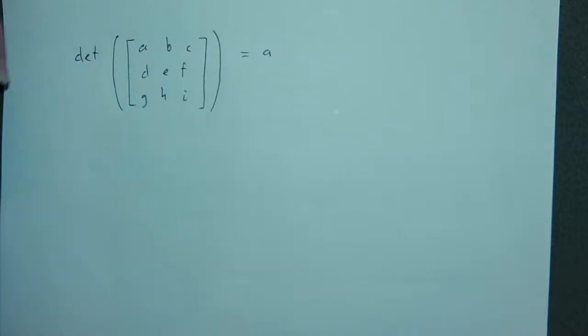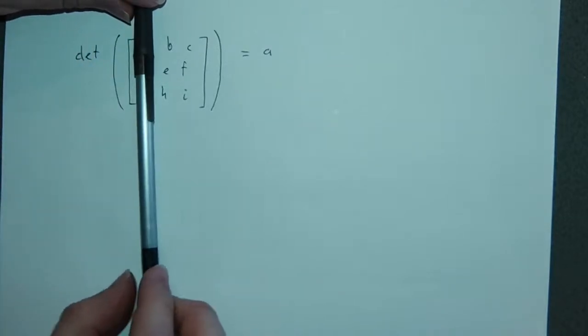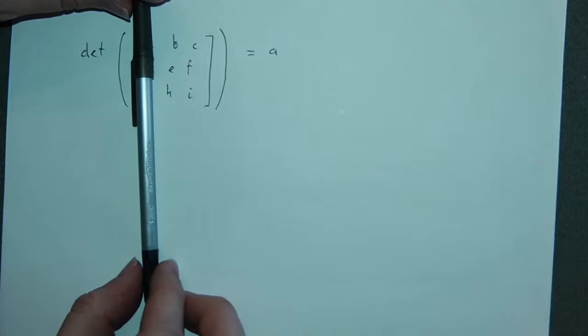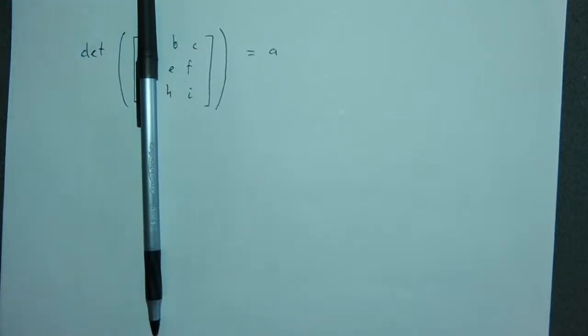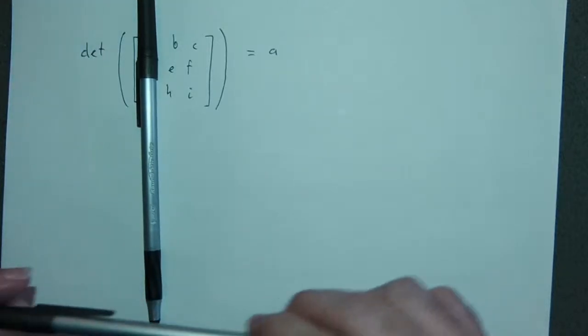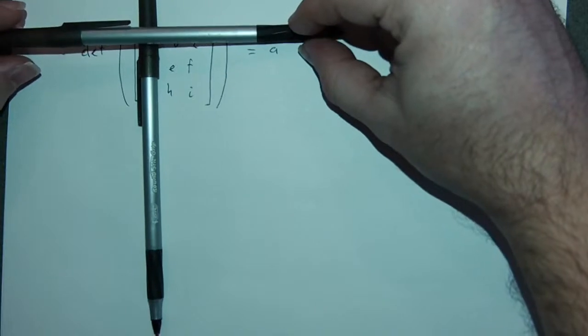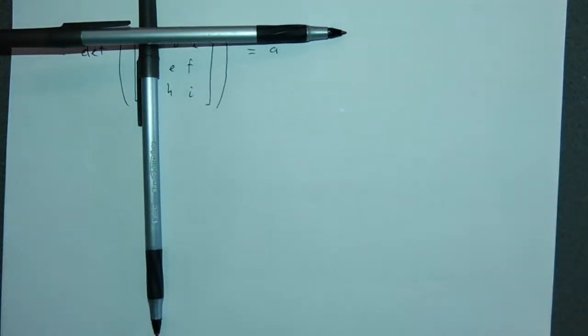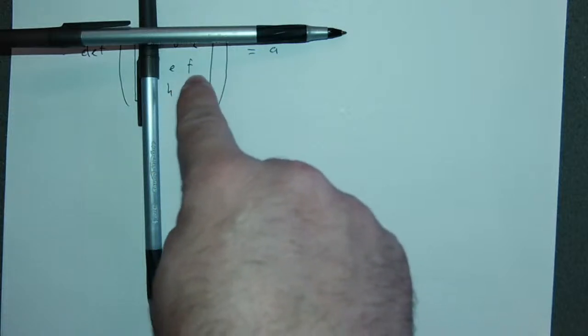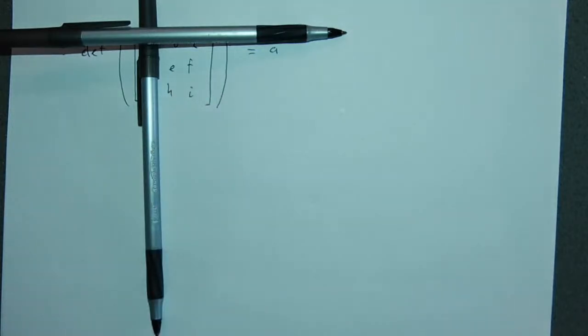So I take my pen and I cover up the column that A is in, and I also cover up the row that A is in. And when I do that in this matrix, what I'm left with is a 2 by 2 matrix EFHI.